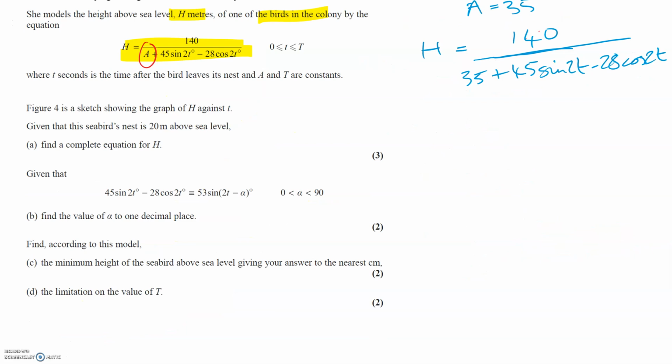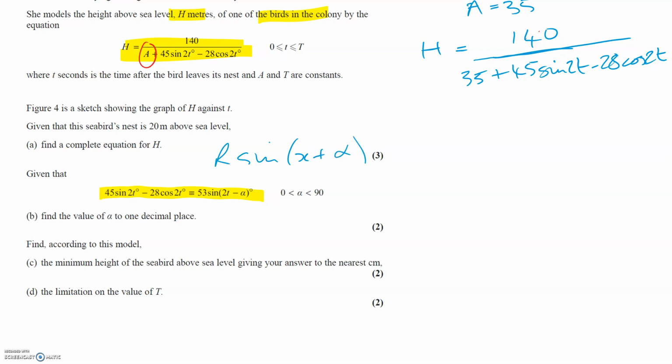In part B, we have to work out what alpha is in this equation here. It's not really connected with the modelling at the moment, the model of the bird's flight. We just need to work out what alpha is, which comes back to what we've been doing in the previous videos on r sine x plus alpha.